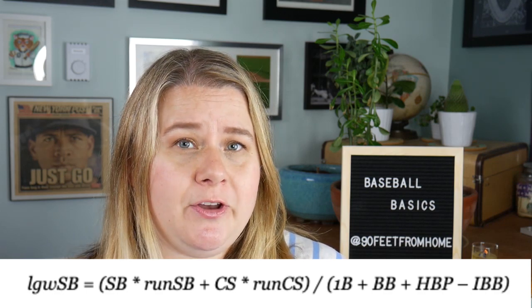You'll notice two kind of unusual letter sets in there, so I'm going to explain those to you really quickly as well. One is runSB and one is runCS. And those are considered the run values across the league of stolen bases and caught stealing. And in all seasons, the run value for stolen bases is set at 0.2, whereas the league run value for caught stealing actually changes from season to season based on the outcomes over the course of that year.